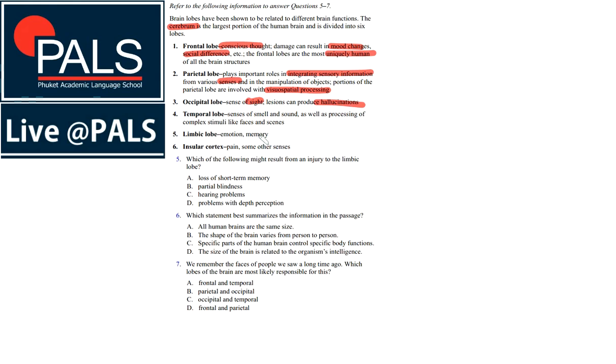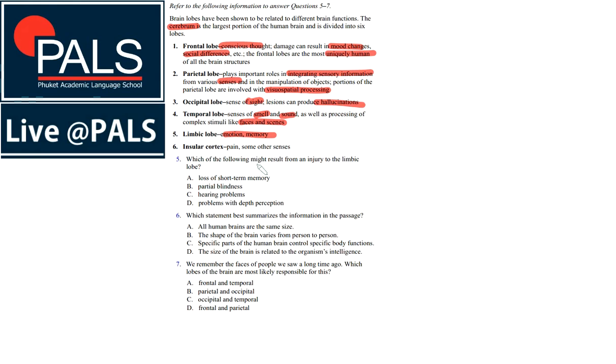The temporal lobe gives us a sense of smell and sound, as well as processing of complex stimuli like faces and scenes. So putting visual information together. The limbic lobe for emotion and memory, and the insular cortex for pain and some other senses.